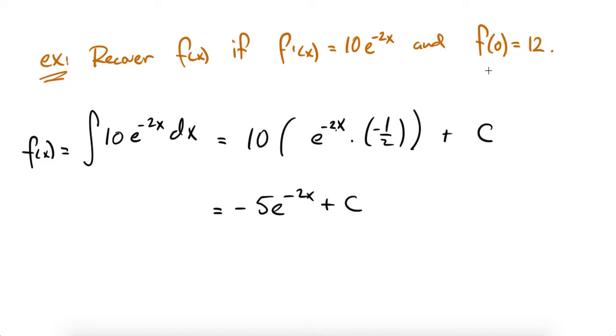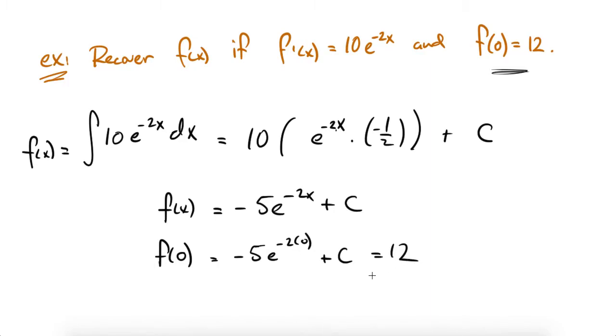And now here's where I'm going to use my initial condition to eliminate plus c. So this is f of x, and I know that when I plug in 0, that's negative 5 e to the negative 2 times 0 plus c, that's supposed to be equal to 12.